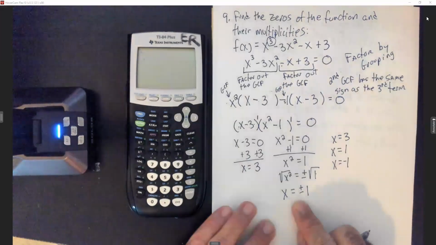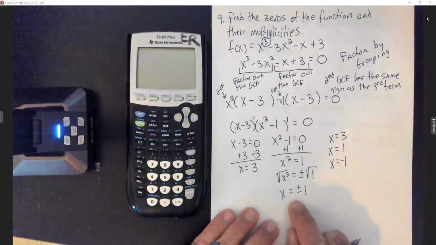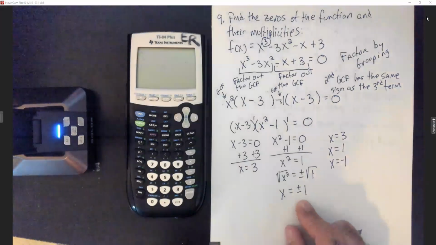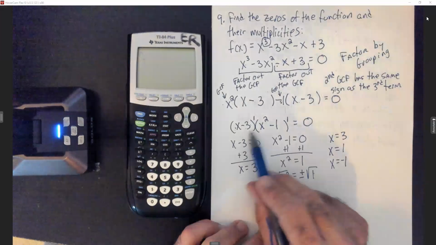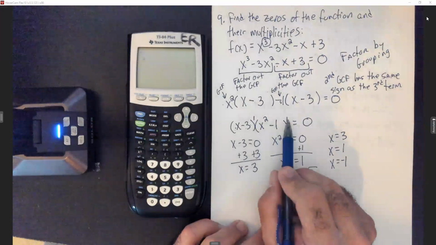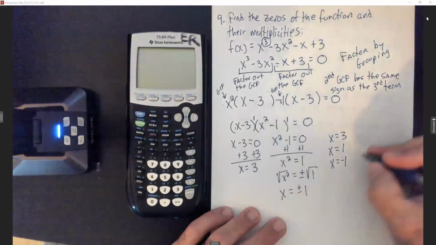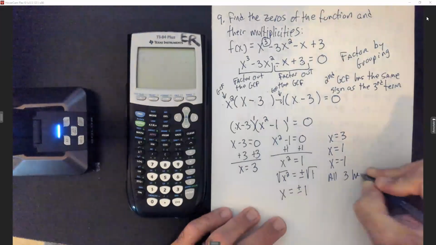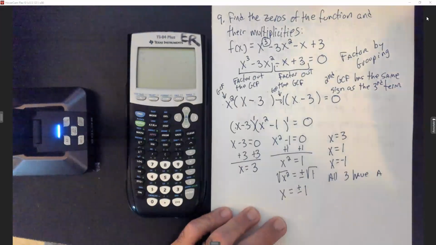So remember, that x squared stuff is giving you 2 of the zeros at once. And then all 3 of these, since we had exponent 1 here and exponent 1 here, all 3 have a multiplicity of 1.